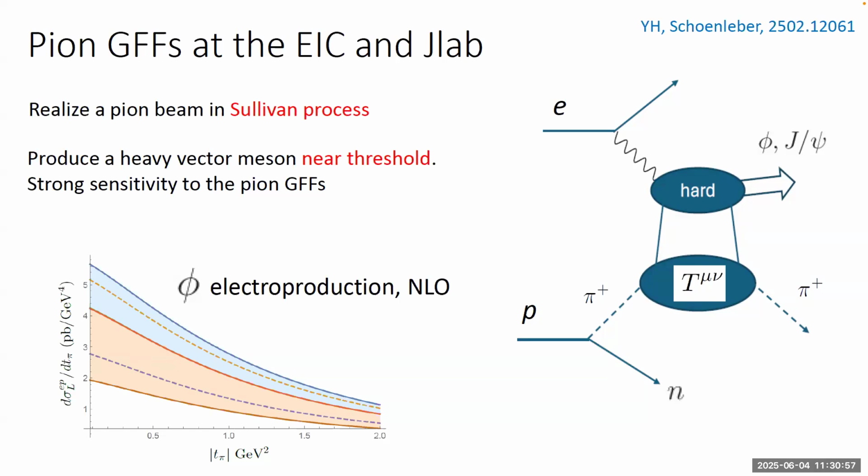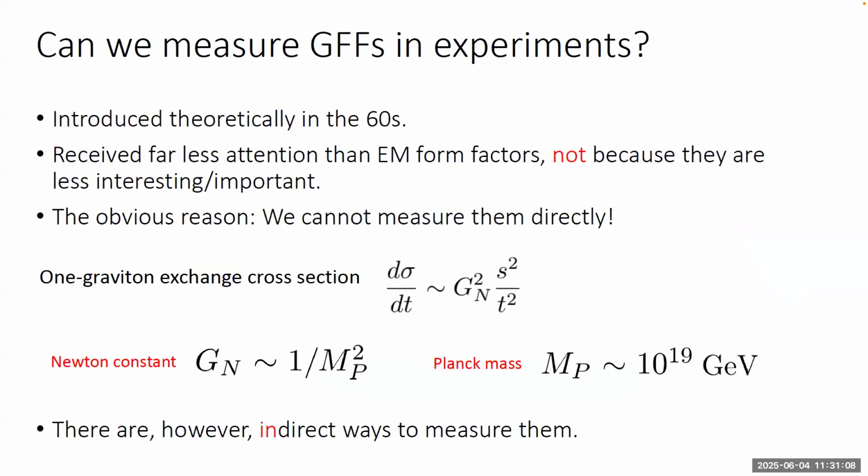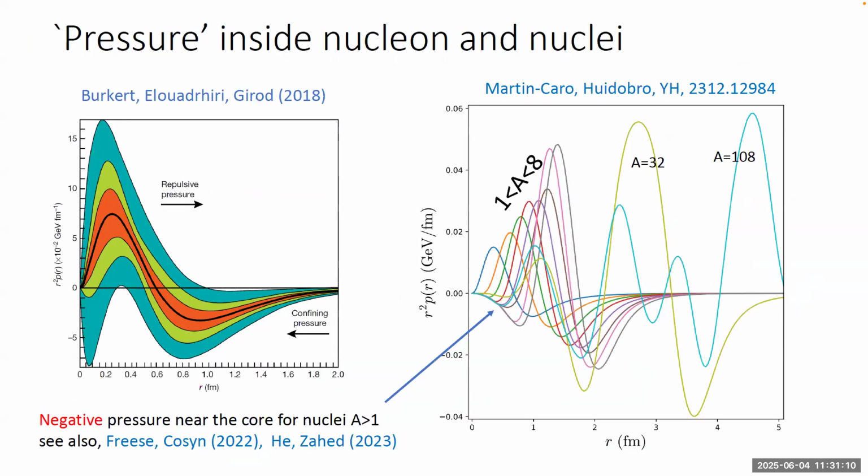Other questions for Yoshitaka? When you were showing the pressure as a function of r, as different curves corresponding to different A, for the large nuclei, how do you understand the oscillating behavior? Yeah, I have a cartoon of what this nucleus looks like, and it is a very weird structure, so it might be an artifact of this model.